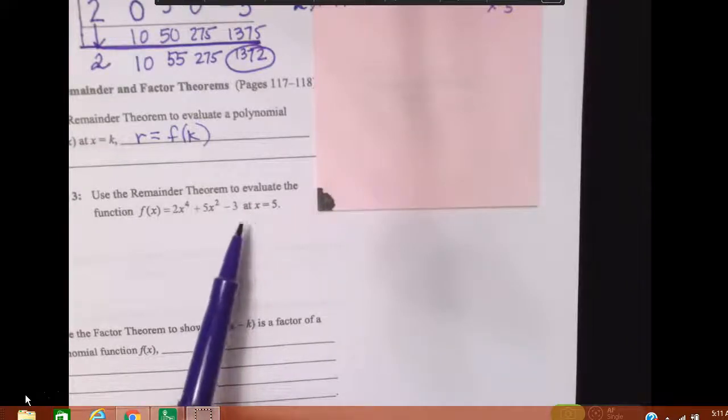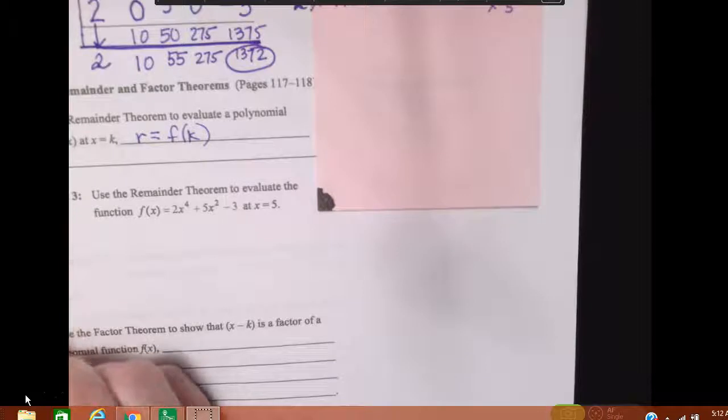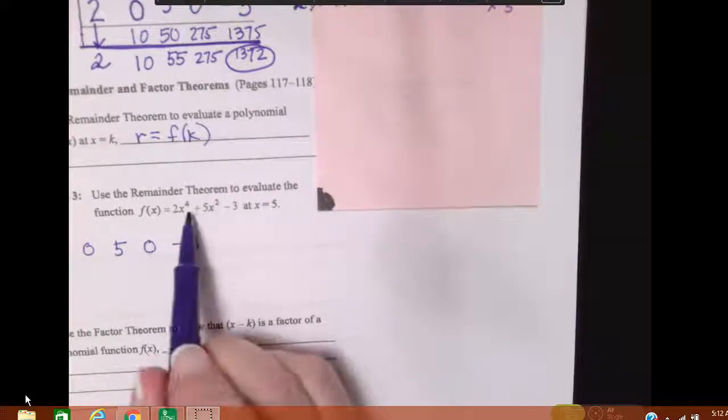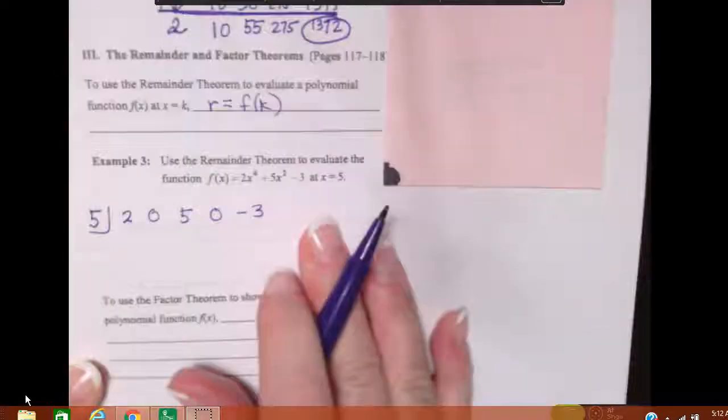We want to evaluate it at x equals 5, so I'm just going to go ahead and do a synthetic division, and I'm going to write down my terms, and I'm going to fill in zeros for my x cubed. I've got a 0 for an x term. So if I start at x to the 4th, I better have 5 numbers going across here.